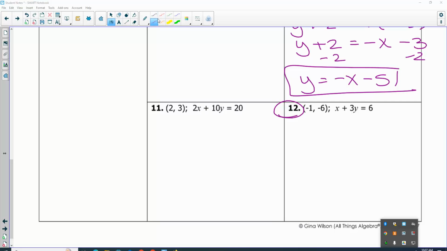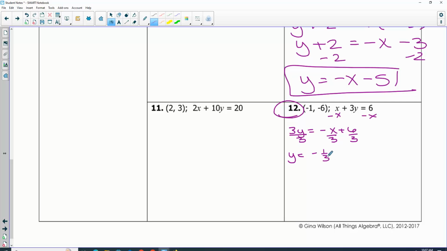We have to flip it and change the sign. First of all, to find the slope, we have to get y by itself. So we subtract our x. So 3y equals negative x plus 6. Divide by 3. So that's negative 1/3 x plus 2. For the line we are writing, we want perpendicular. So our slope, we have to flip it and change the sign.